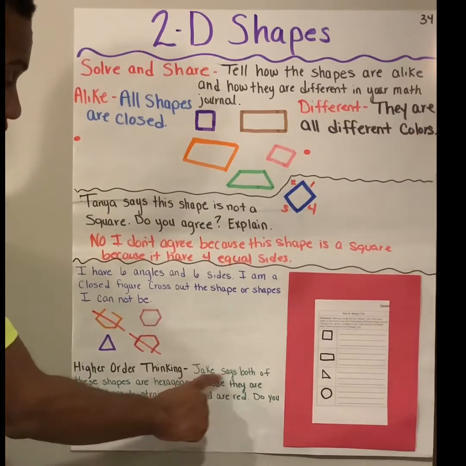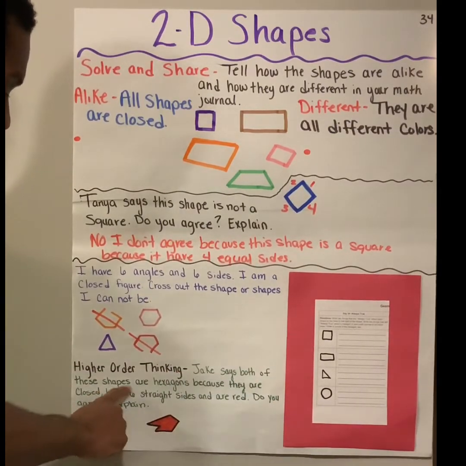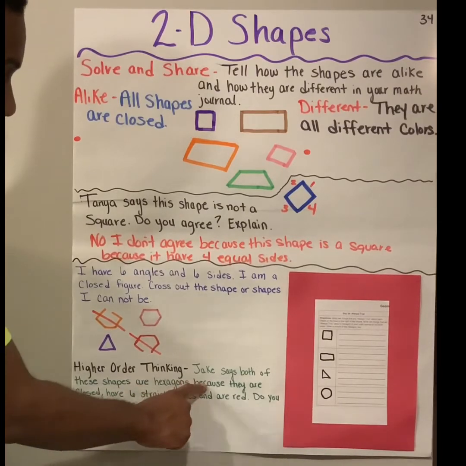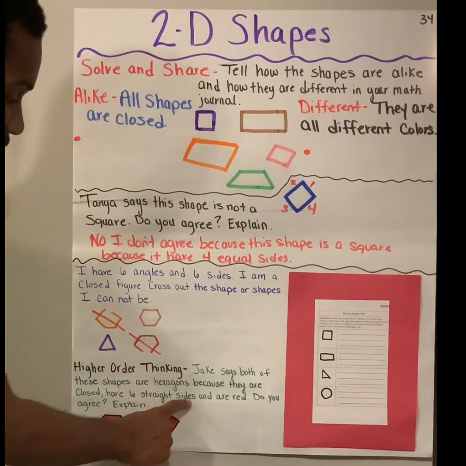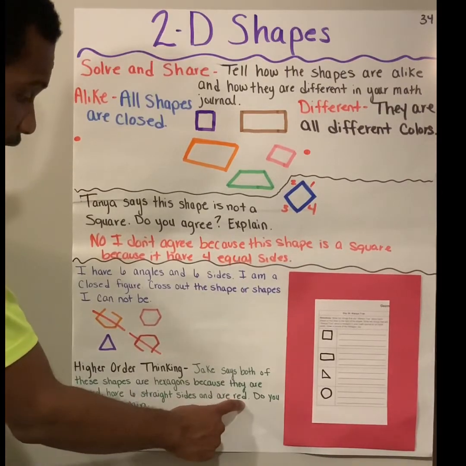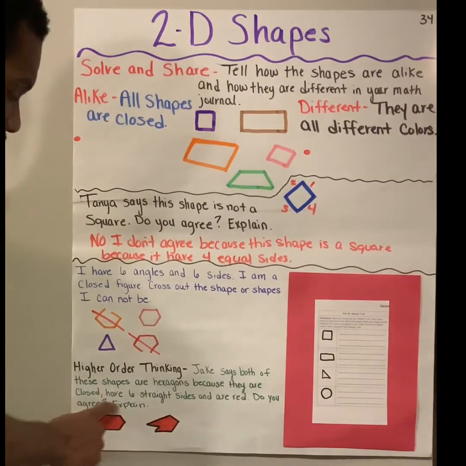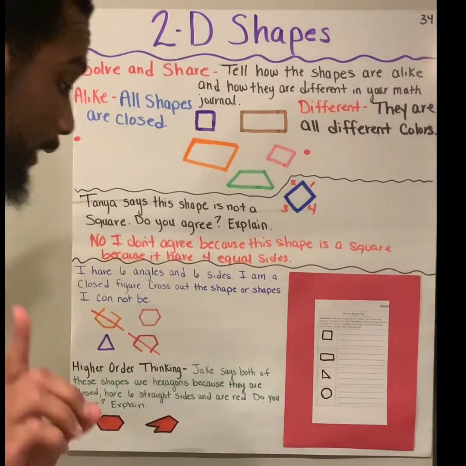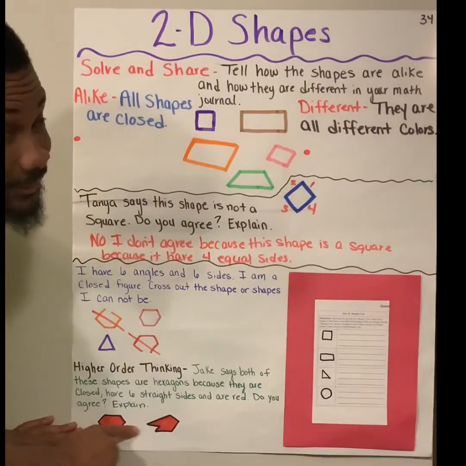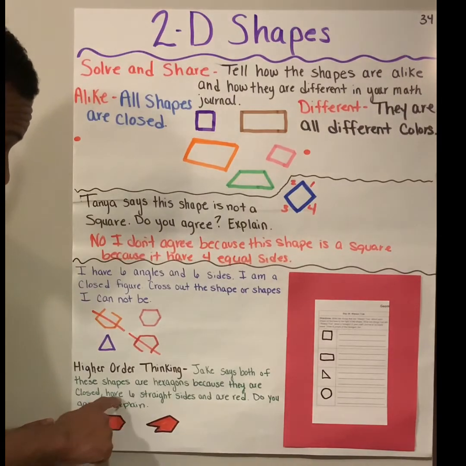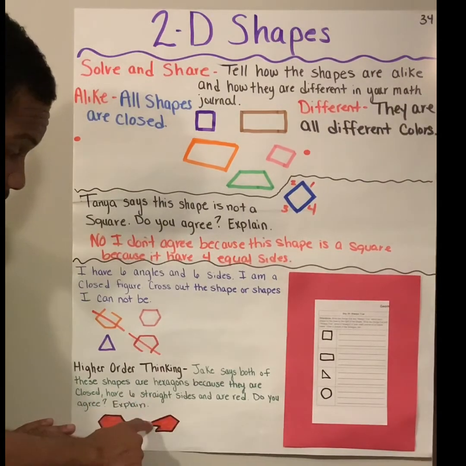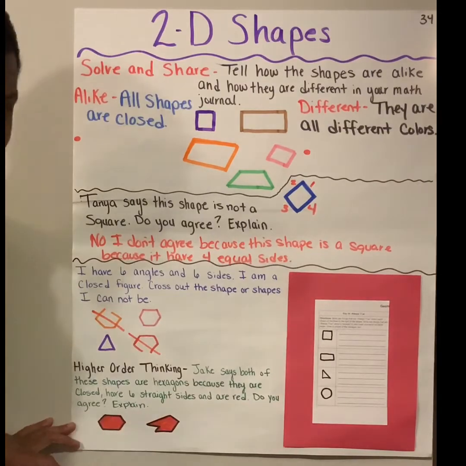Next, it said, Jake says both of these shapes are hexagons because they are closed, have 6 straight sides, and are red. Do you agree? Explain. So listen now. They are saying that both of these shapes are hexagons because they are closed figures, they have 6 straight sides, and are red.